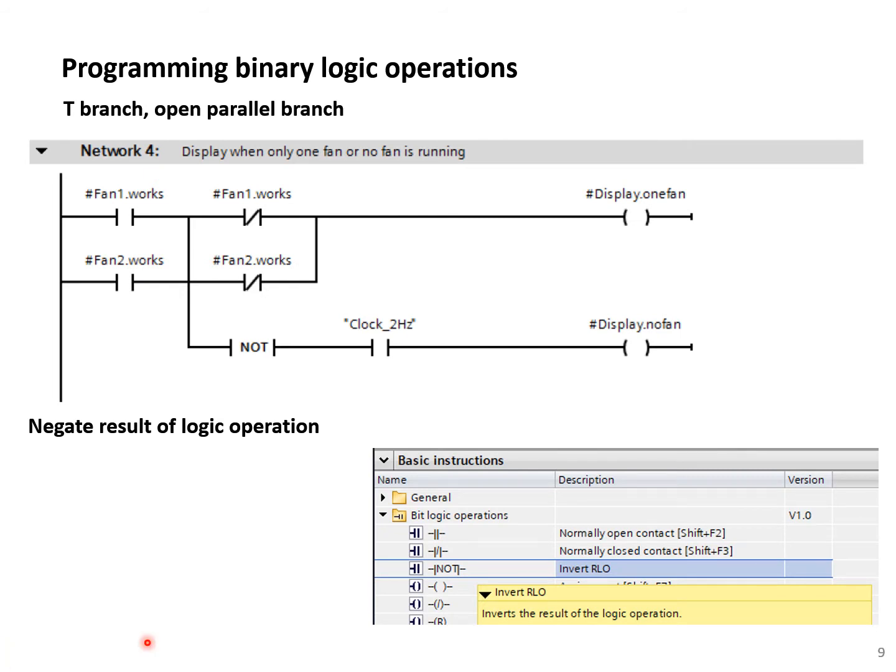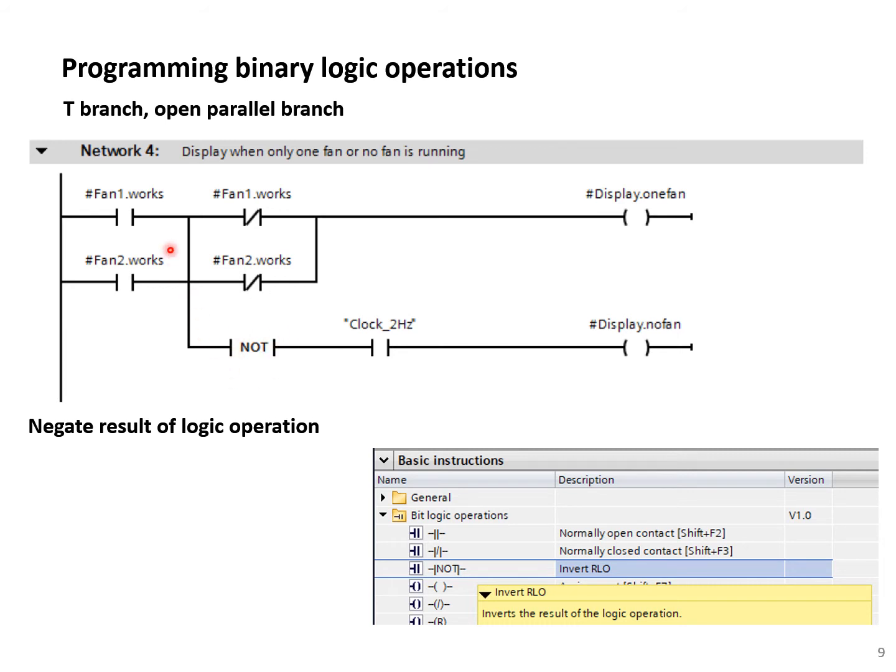T branch, open parallel branch. Okay, so here we have the same network. However, here we have a T branch and we have a NOT contact.